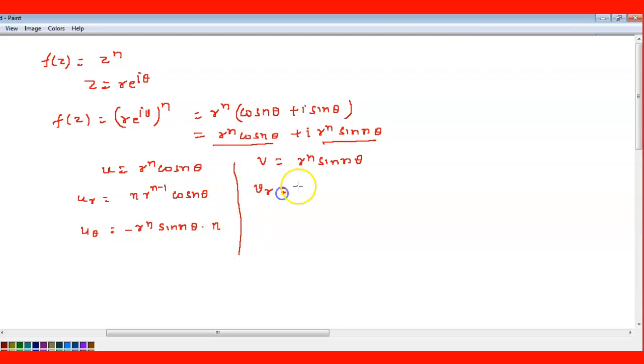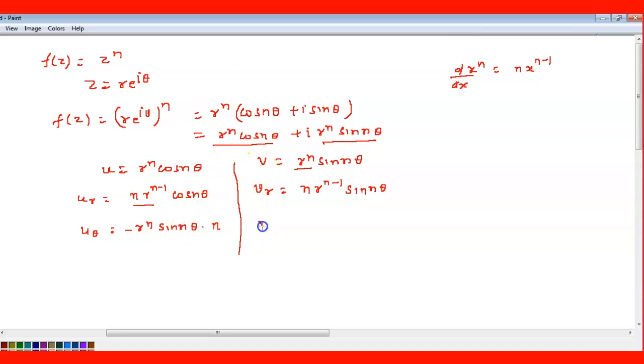And v r, if you write it here, n into r to the power of n minus 1 sin of n theta. r to the power n differentiation is what? n into r to the power of n minus 1 only, no? So here r to the power n differentiation is n into r to the power n minus 1. Here also we did the same. Any doubt in the differentiation?